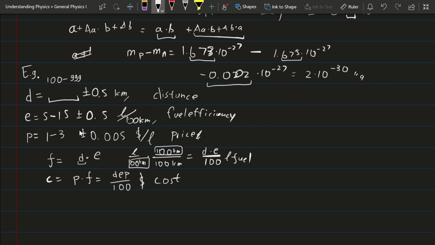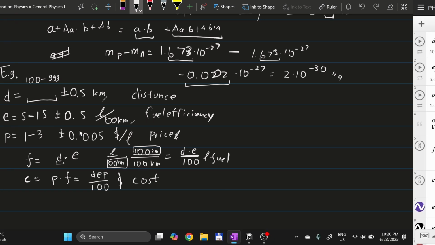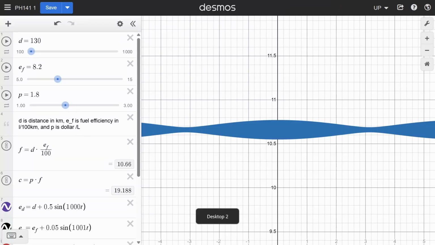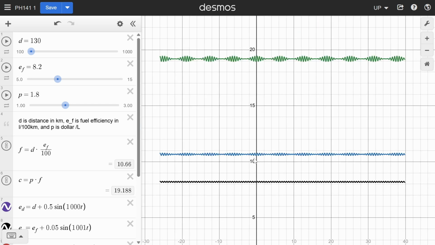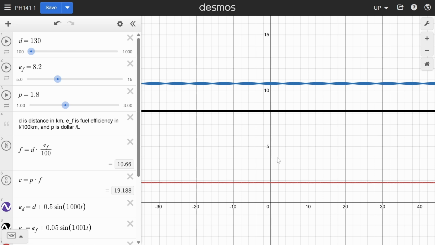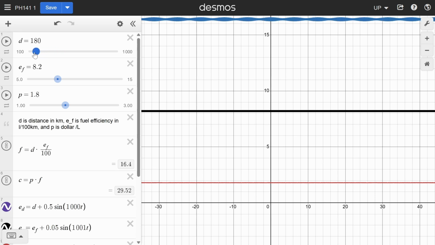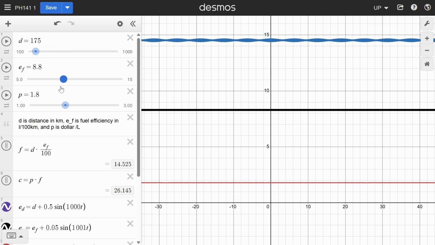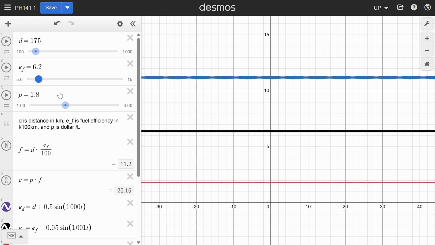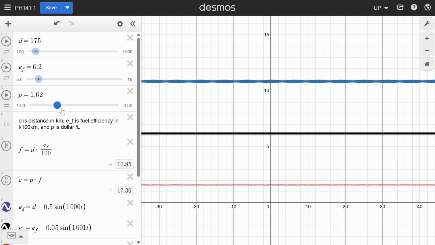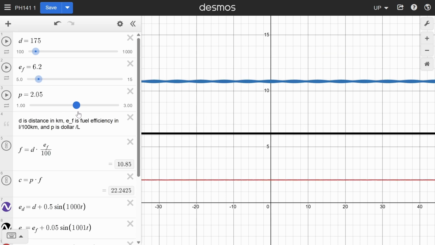But then what is its relation with significant figures? So in here I have a computation of the same problem in which you have the distance, you also have the efficiency, and you also have the price of the fuel.